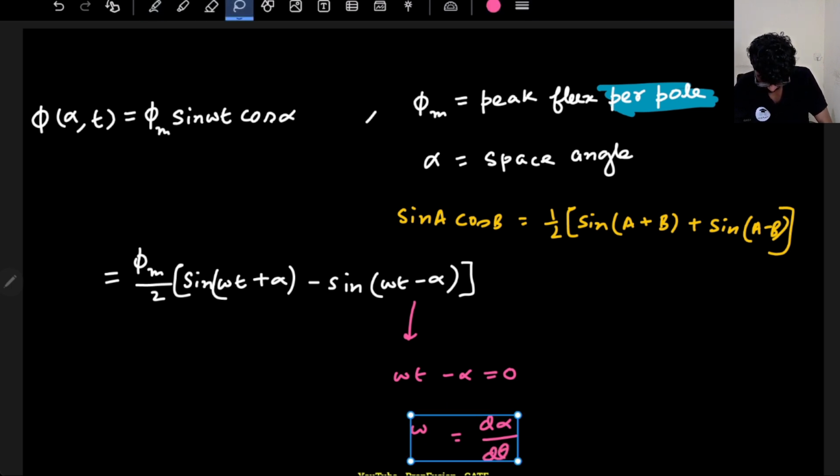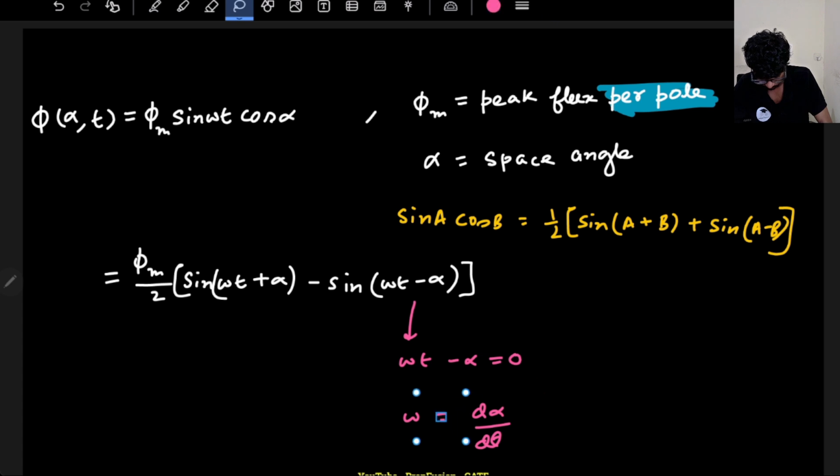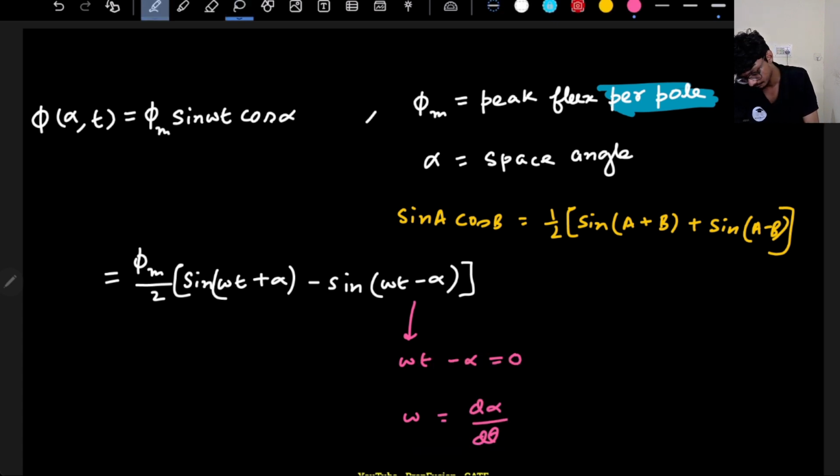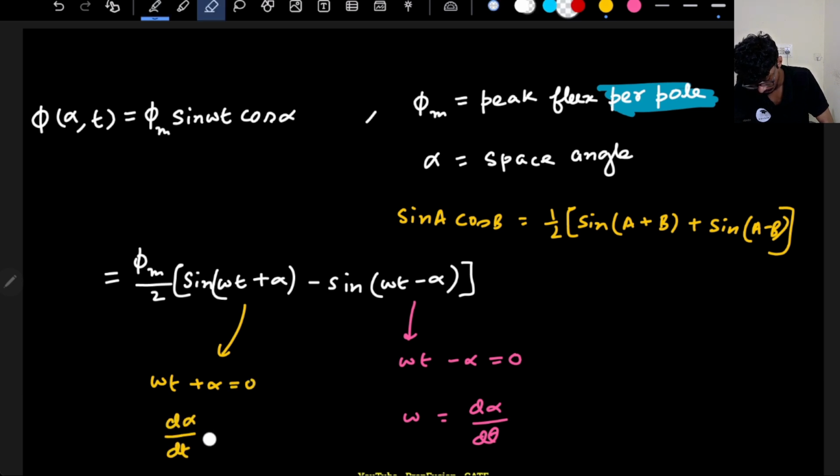Now for omega t plus alpha equal to 0, d alpha upon dt will be equal to minus omega.